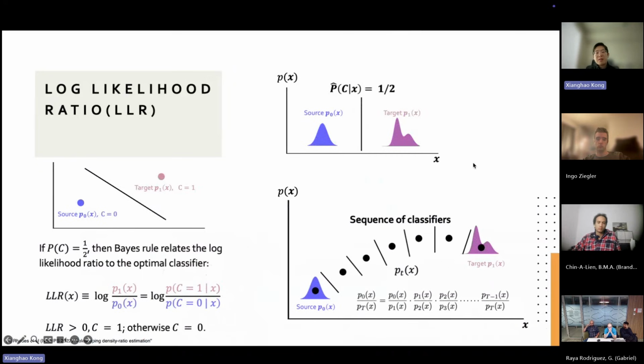But in our diffusion scenario, there's a transition from a source distribution to a target distribution. For example, the source is Gaussian noise and the target is a distribution for image data, right? But we have multiple steps, or 1,000 steps, in the middle. So the log likelihood ratio would be P0 over PT, but we can use a trick to have a chain of log likelihood ratios, like P0 over P1 times P1 over P2, and so on.